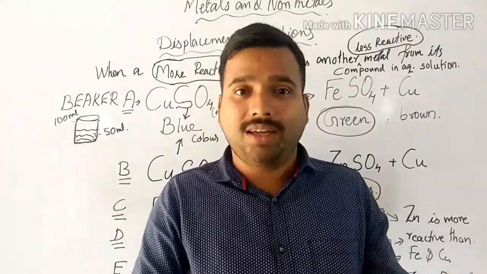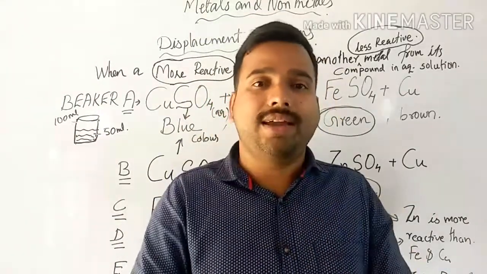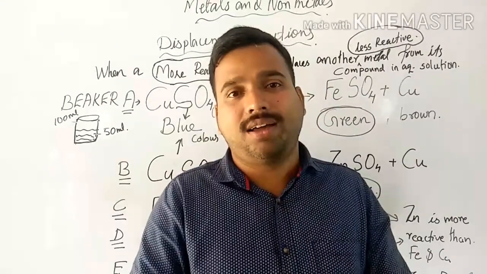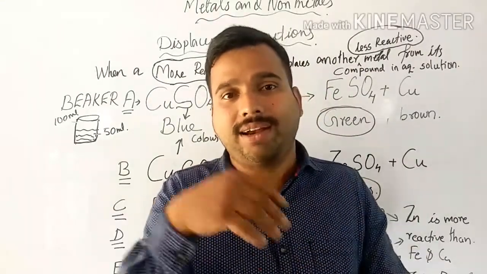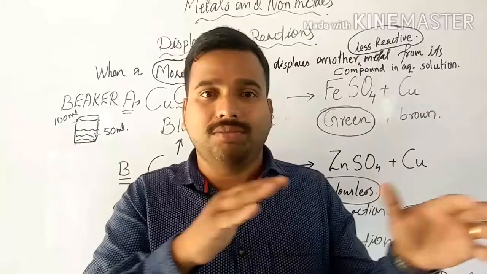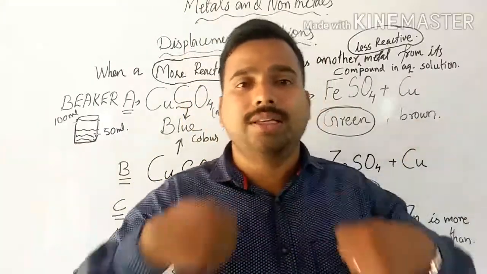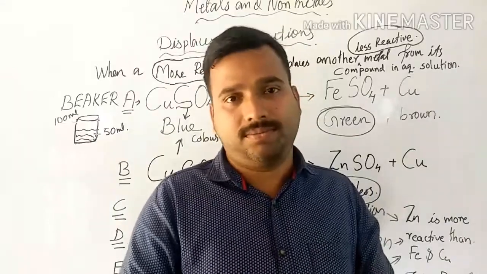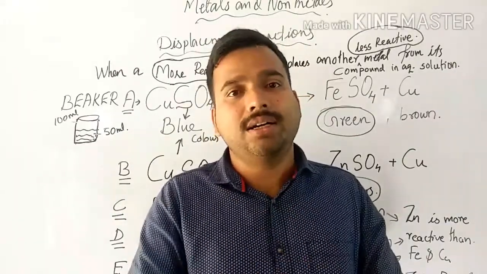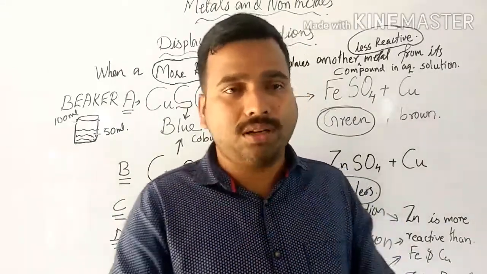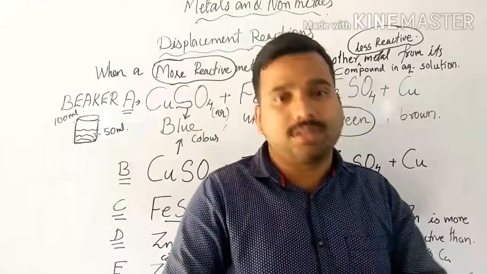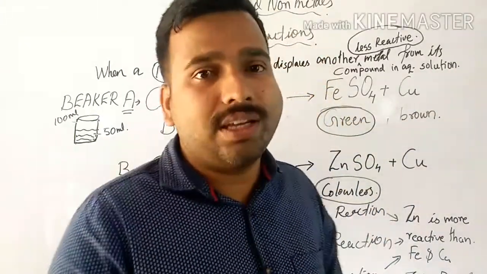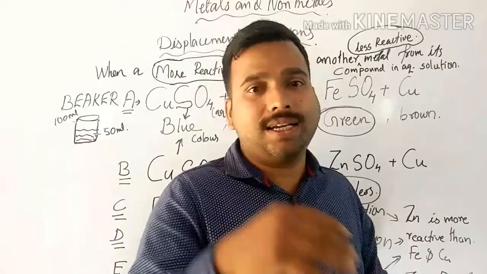At the same time, when you take the iron nail and look at it, the silvery gray color of the iron nail has now changed into a somewhat brown color. That is due to the deposition of copper over its surface. You might have seen this activity.